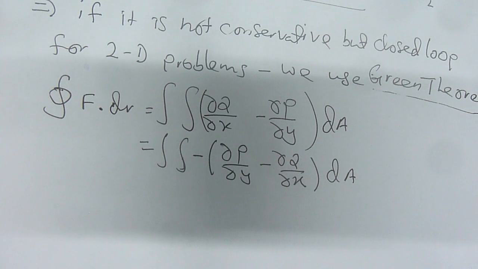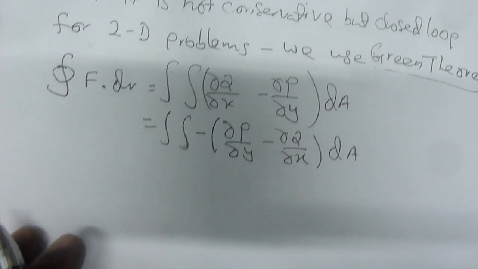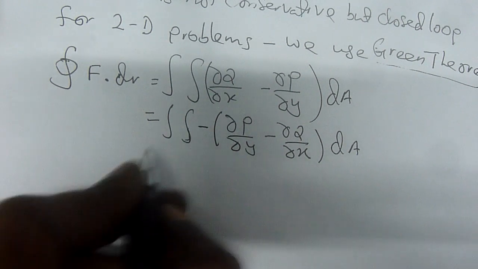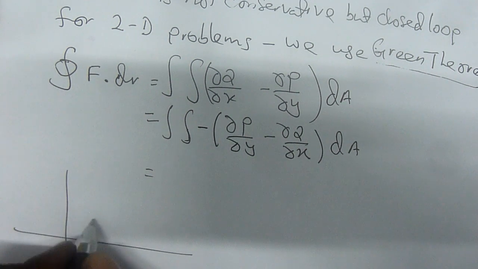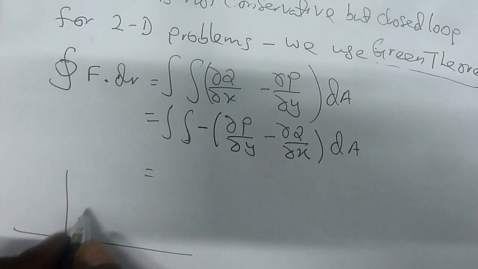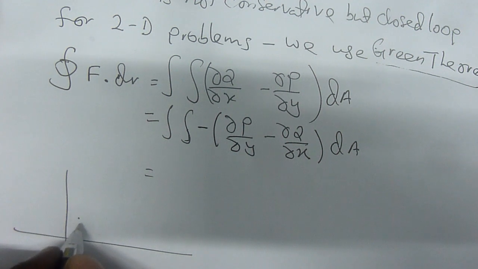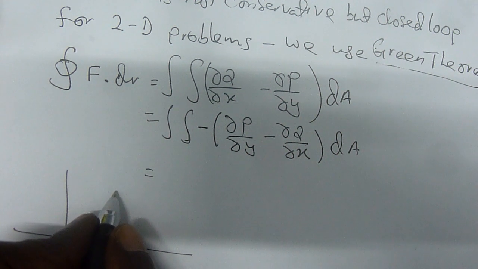Once you get a negative, you need to change your direction. That's it. What I mean by that is, for example, your solution is negative. Let's say this is the circle. Imagine the polygon works like this. It's a closed loop.